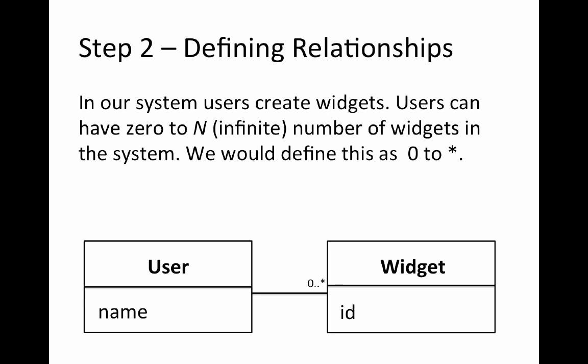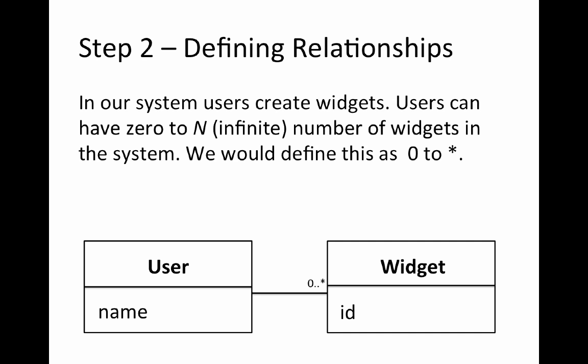So in our system and in the use case that we described, users directly create widgets. So they aren't in and of themselves created by the system. They're created as a result of an action from a user. So users can have 0 to an infinite number of widgets because we haven't actually specified that there's a cap.